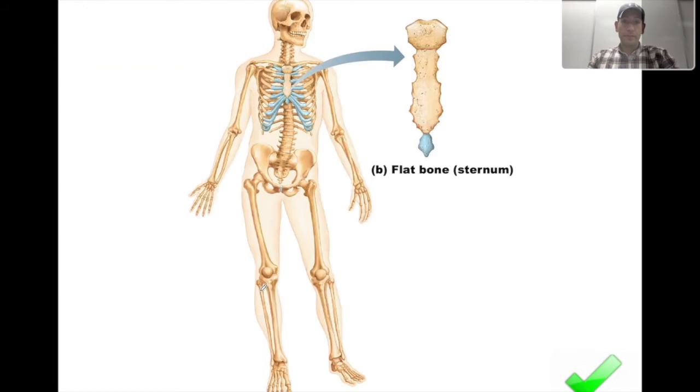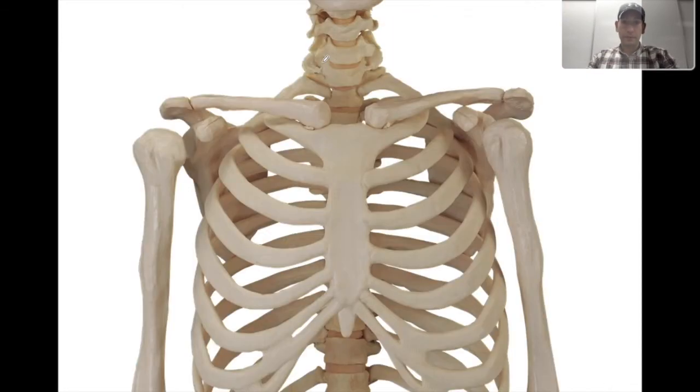The sternum is flat. Your clavicle is flat. These are all flat bones. They're pretty obvious, aren't they? Pretty much everything in the chest seems to be a flat bone. Your ribs are flat. Your clavicle is flat.